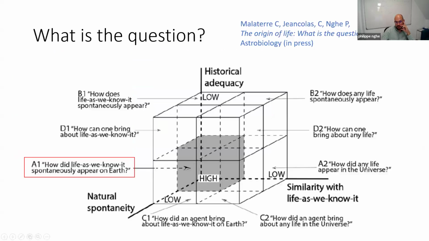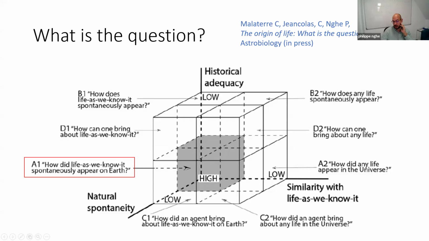I wanted to show this. It's work we did with Christophe Malaterre, who is a philosopher of science. It arises from the fact that when I go to origin of life conferences, there are typically misunderstandings about what people expect from the answer. That's why we wrote this title, The Origin of Life: What Is the Question? We separated the criteria along three axes.